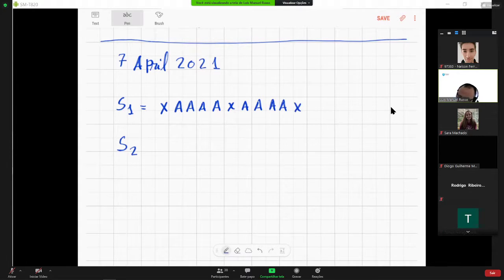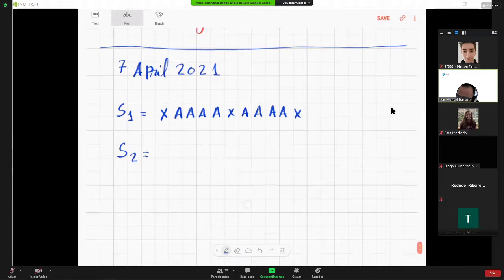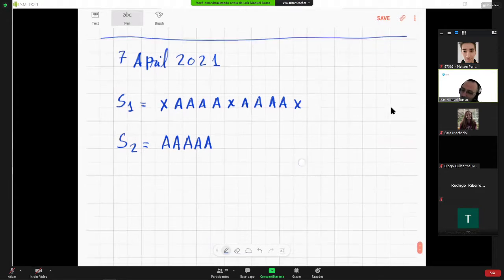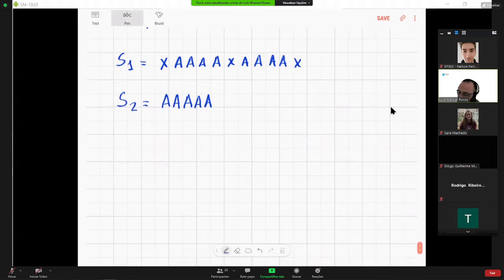Now suppose that my string S2 is basically just a's, but we have 5 of them.